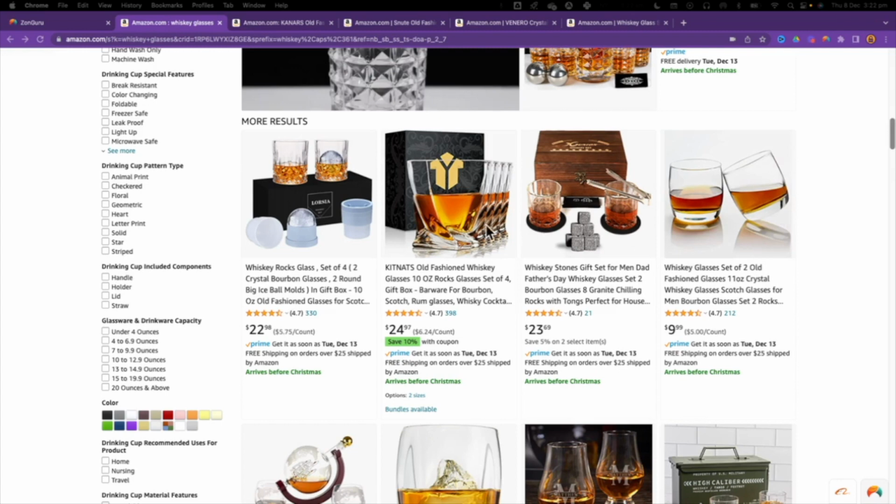This glass, this Kit Nat's old-fashioned whiskey glasses, that's not bad. 10-ounce rock glasses, set of 4, gift box, barware for bourbon, scotch, rum glasses. That's not bad. You know, that's a pretty decent title. I don't tend to like to put the brand name in a title.